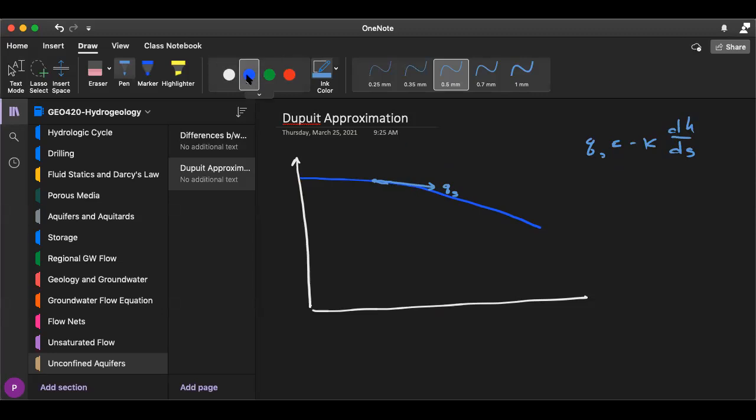And all the Dupuit assumption really says is, if I was to take the horizontal component of this, Q sub X, so here I'd have Q sub X is equal to negative K dH dx.